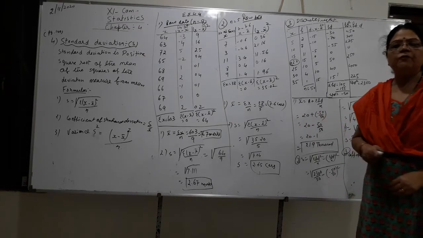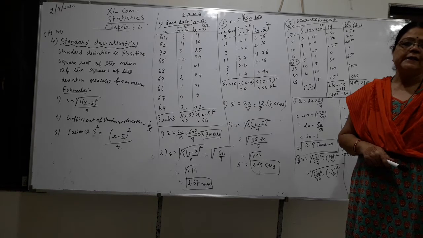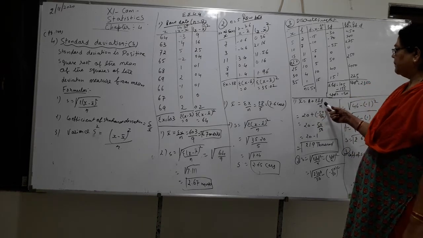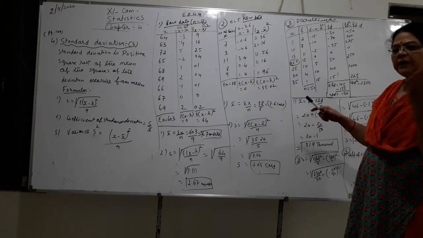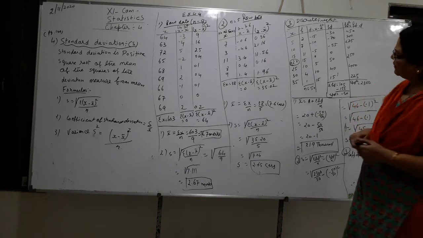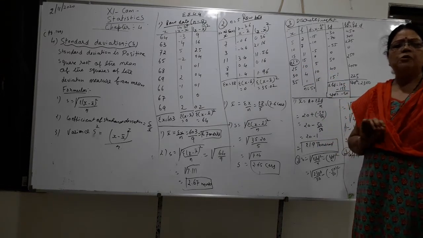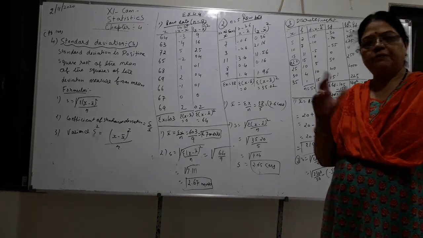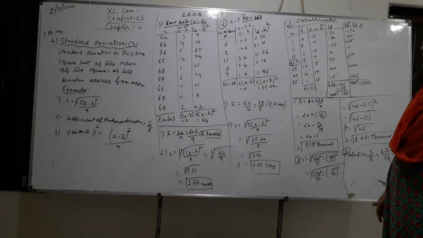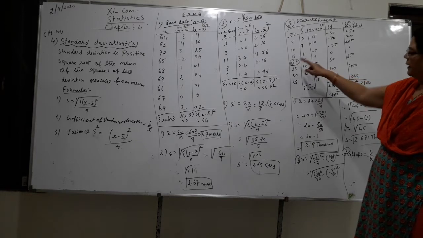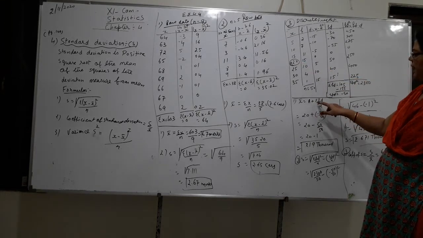What is the formula for mean in discrete series? A plus sigma fd upon n. So what is a? Assumed mean, which you have assumed as 20. Any number you can assume, but mostly we take a middle number, so it will be easy for us to subtract. So a is 20 plus sigma fd.